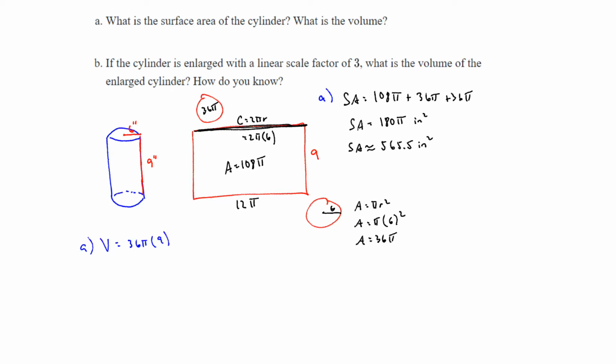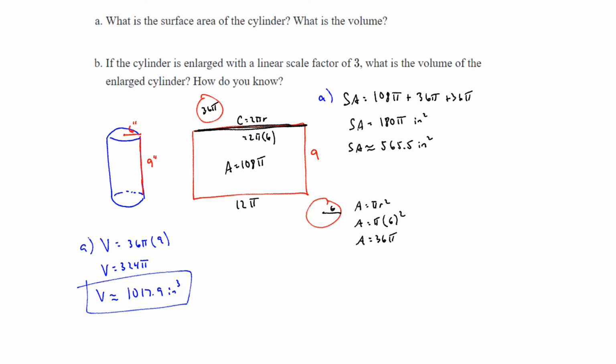It's the height of 9. So volume will equal 324 pi, and then once again we'll approximate that, and if you plug that in you should get 1017.9. Volume is measured in cubic inches, so there's the volume.